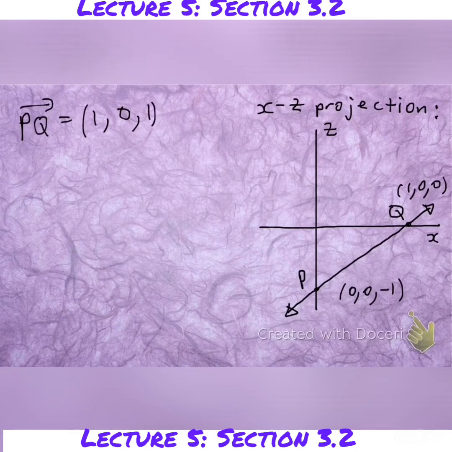Right, so that's the vector PQ. And now we can just choose the unit vector in that direction there, and we'll call that the vector V.